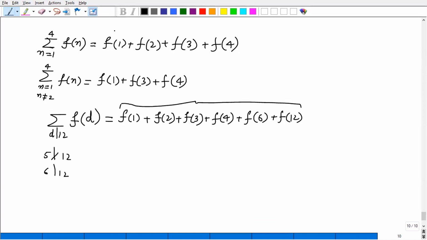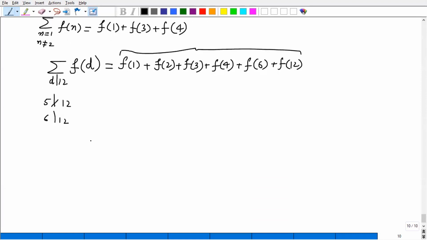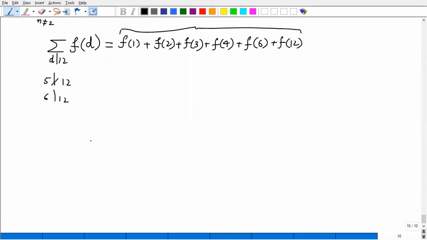I'll give some examples, and after that example, I'll show that the sum is multiplicative as well, hopefully in the next class. But today I'll show with the example that the sum is also multiplicative.